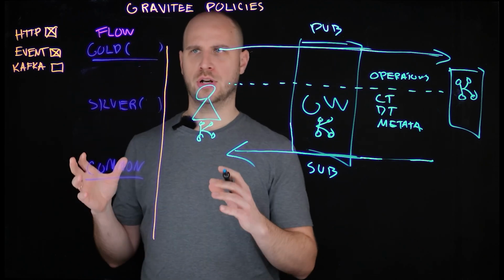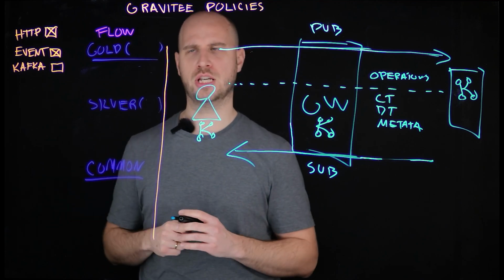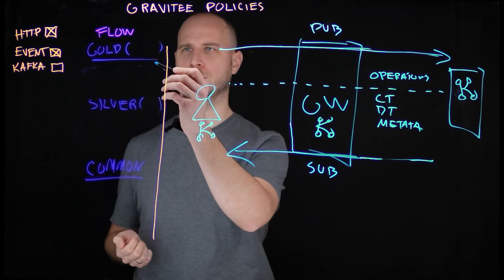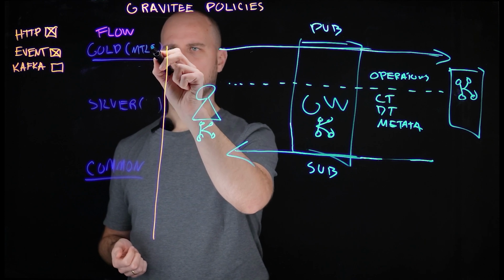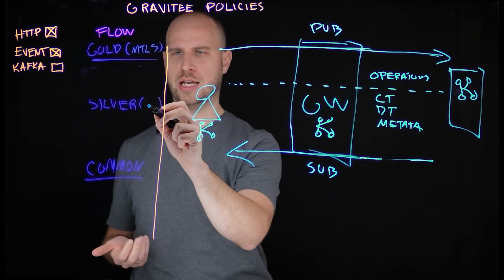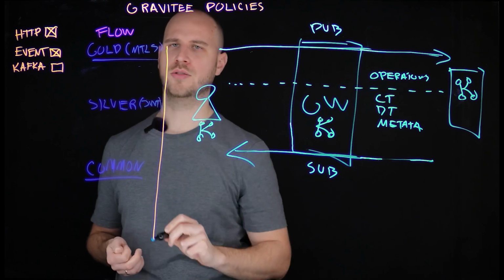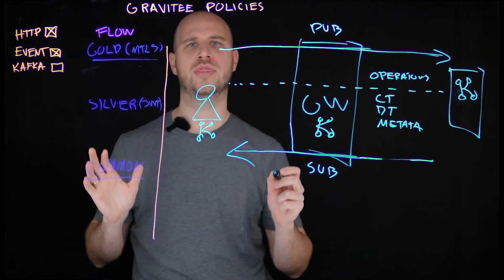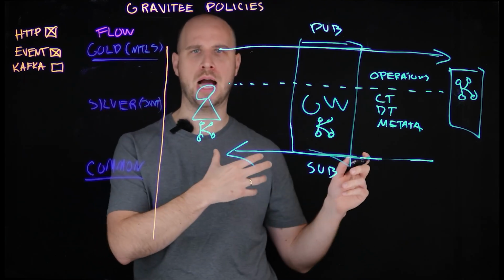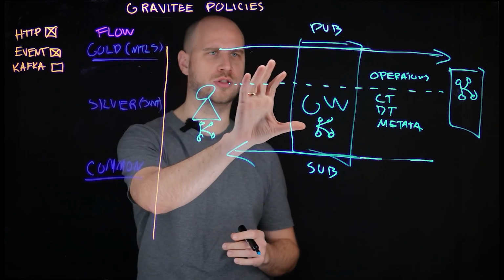Now, similarly to HTTP and event APIs, you have the concept of different authentication schemes, but maybe in my situation, I'm using something like mTLS for the gold plan, or maybe SSL plain, or maybe JWT for the silver plan. So again, you define plans with different authentication schemes that map to the Kafka authentication protocol. And you can apply this concept of flows here.